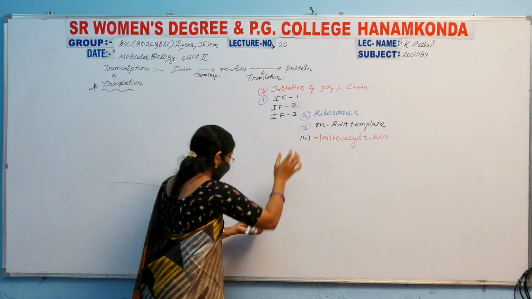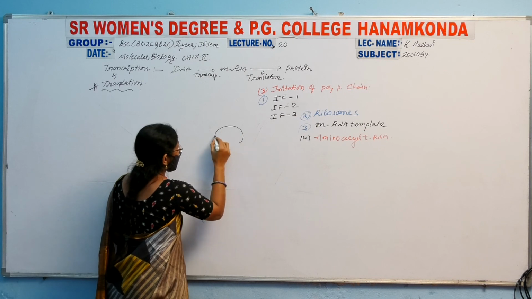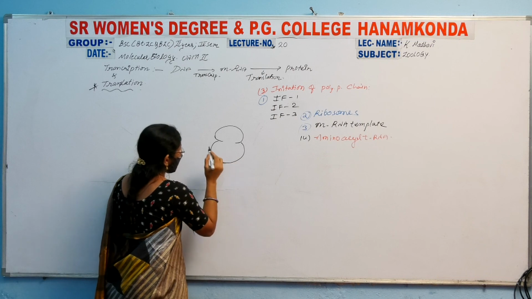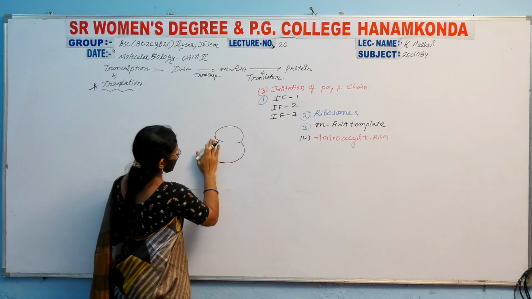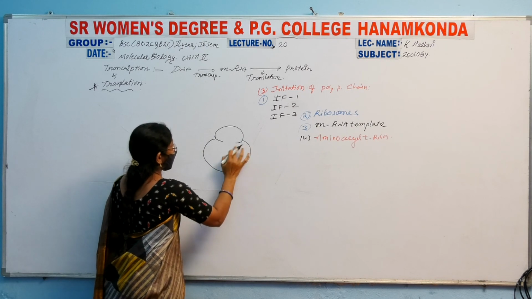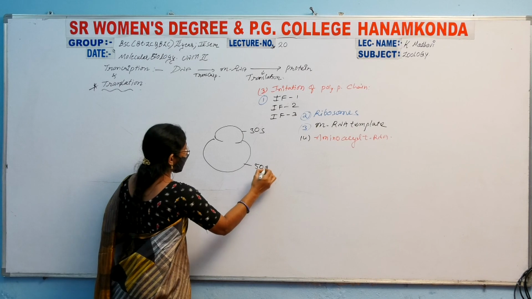The ribosomes. For example, this is a small subunit and this is a large subunit of the ribosome. This is the 30S subunit and this is the 50S subunit.